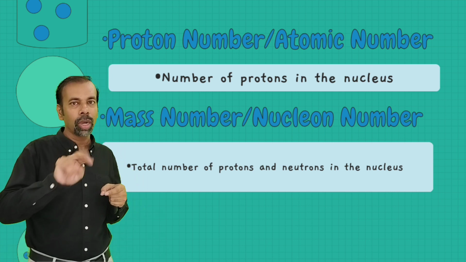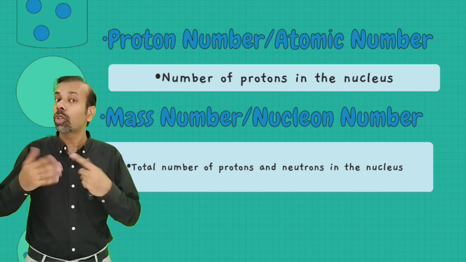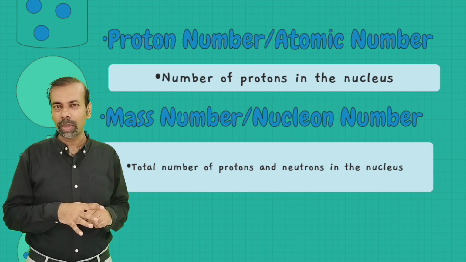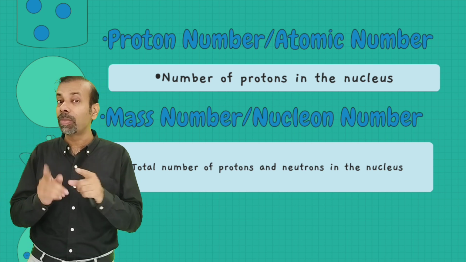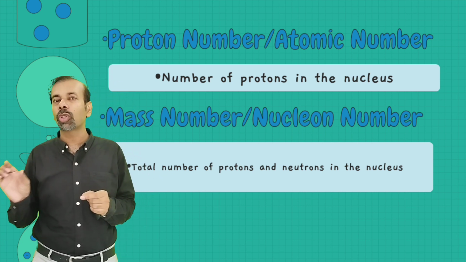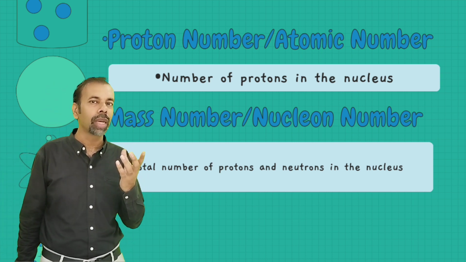Helium has 2 protons in its nucleus, so its proton number is 2. If an element has 11 protons in its nucleus, then its proton number will be 11 and it will be sodium. So every element has specific proton number. Proton number is also called atomic number.